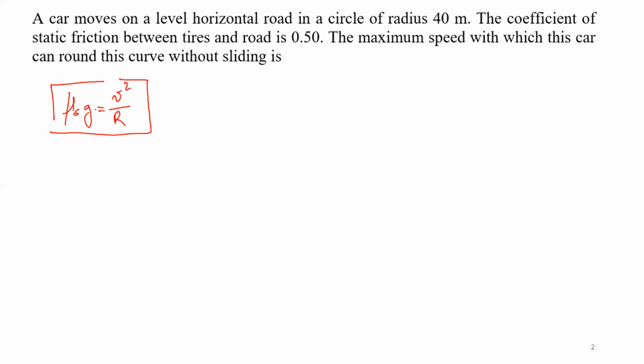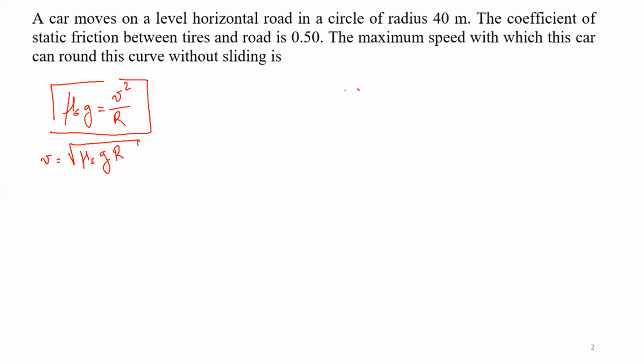Here I gave you mu s and r, so I'm asking for v. V max is just the square root of mu s g r. So I get v squared is mu s r g, then I take the root and do my calculation. Now, if you don't remember the formula, let's derive it.